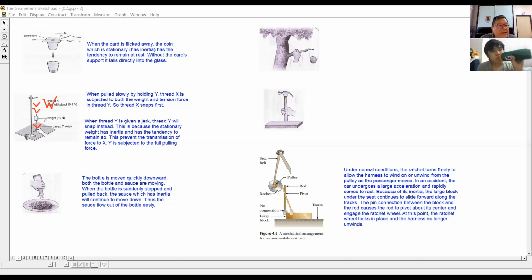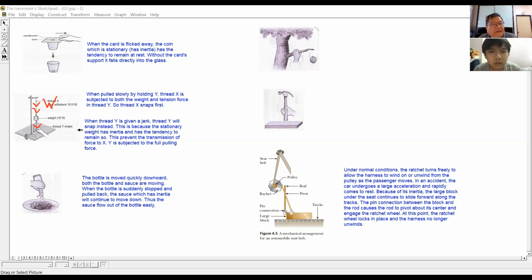So the string X has two forces acting on it, and the string Y has only one force acting on it. So when you pull slowly, this one is subjected to a greater force, two forces, so it will break first. This one only has one force, so it will not break first. This is the first part of the experiment.